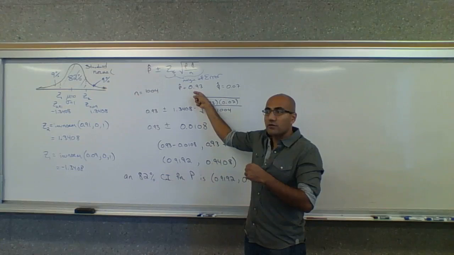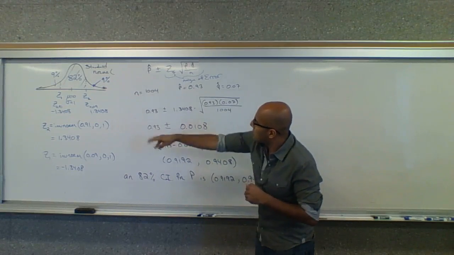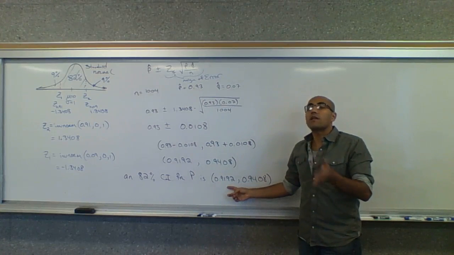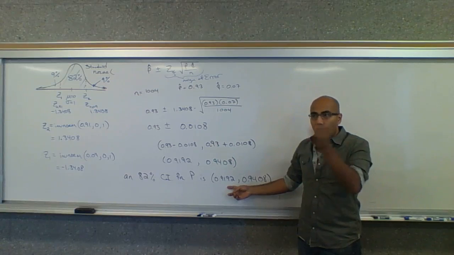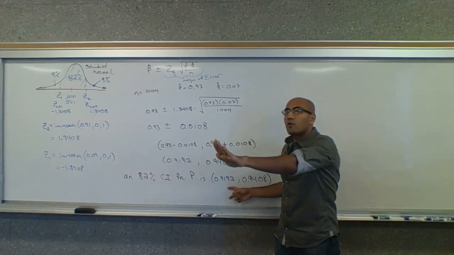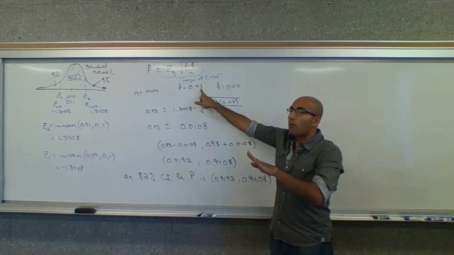And so when they go into this equation and calculate all this, it's likely that we'll get 100 different intervals, because they all have their own sample proportions.